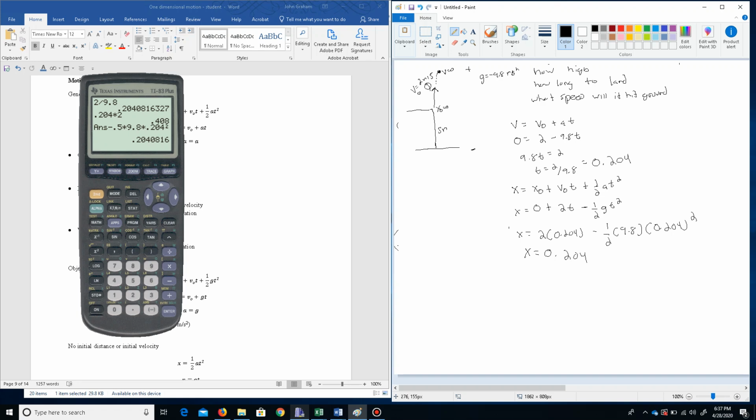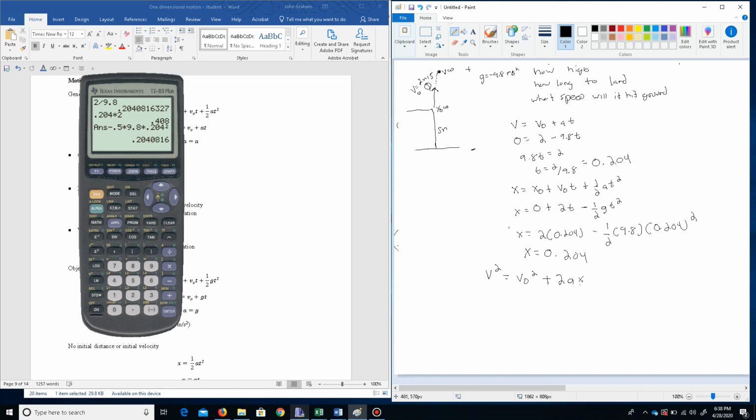Okay, we can do it in one equation, which I will mention here. We could use this equation: velocity squared equals the initial velocity squared plus 2 times acceleration times distance, which is dx.